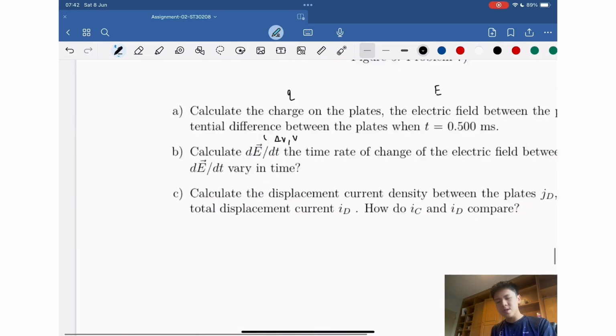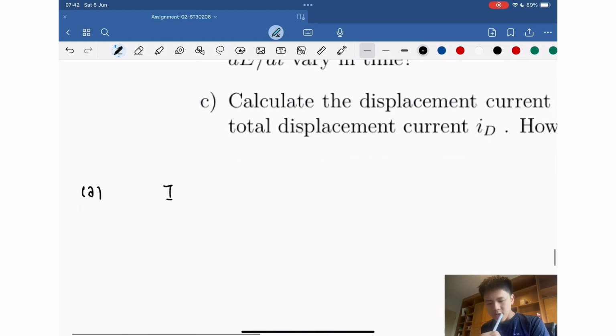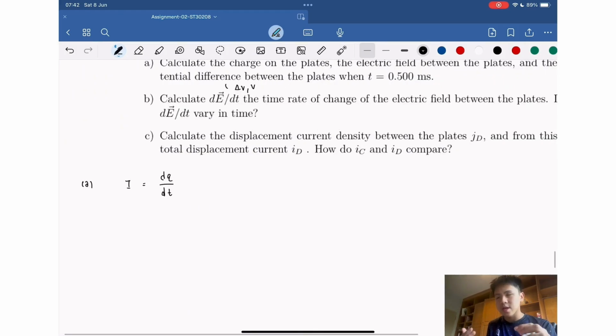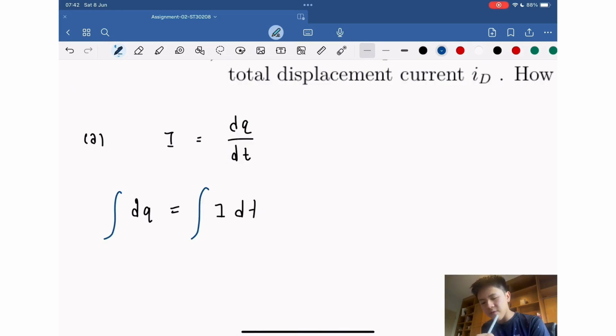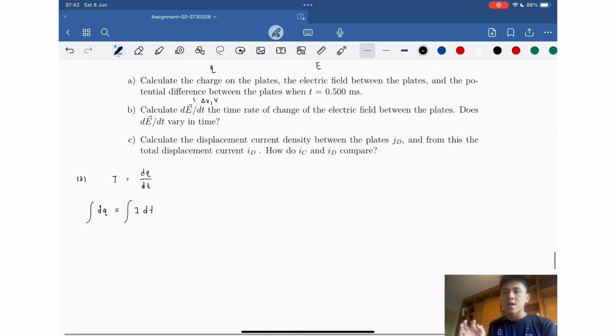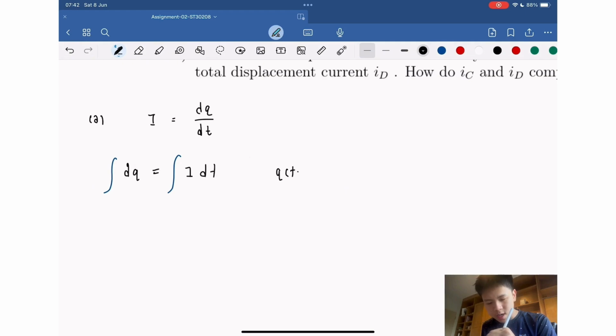First of all, in part A, you know that I is equal to dq by dt, and we want to find q, right? So we need to integrate. So dq is equal to I dt in integral form. In the initial condition, they say that q when t equals 0 is 0.